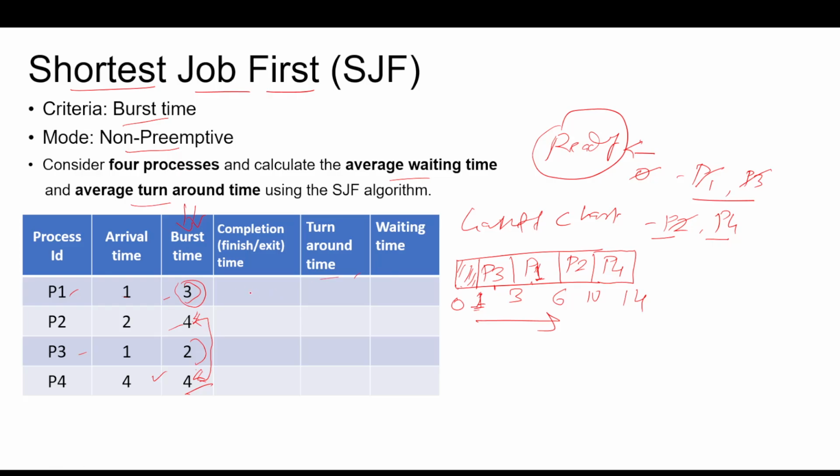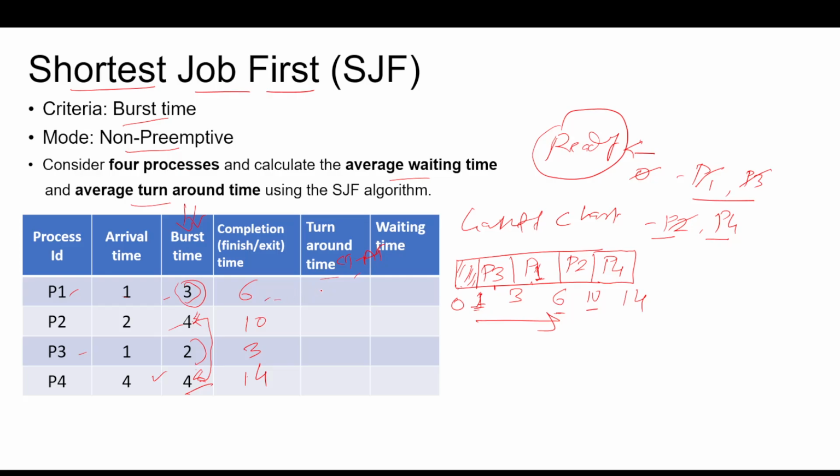Now you can see the finish timings. When P1 is completed, you can see 6. When P2 is completed, you can see 10. When P3 is completed, it was 3, and when P4 is completed, it is 14. Turnaround timing is nothing but the completion timing, CT, minus arrival timing.